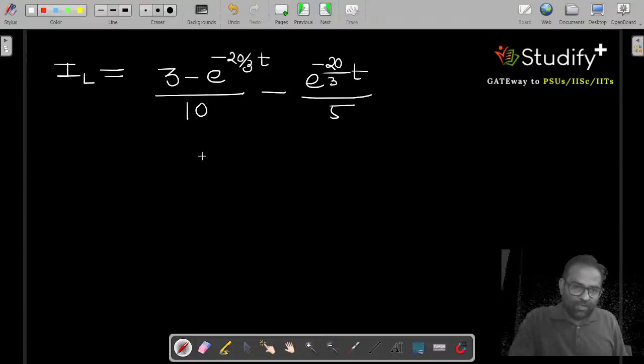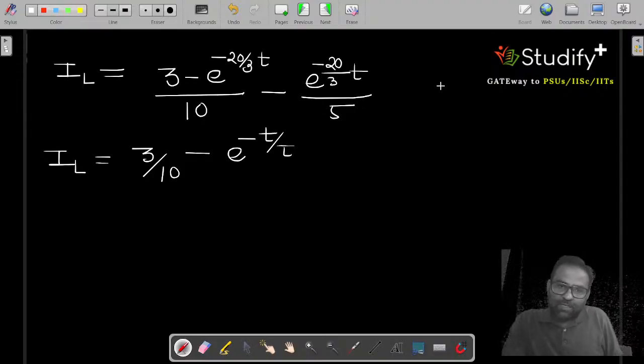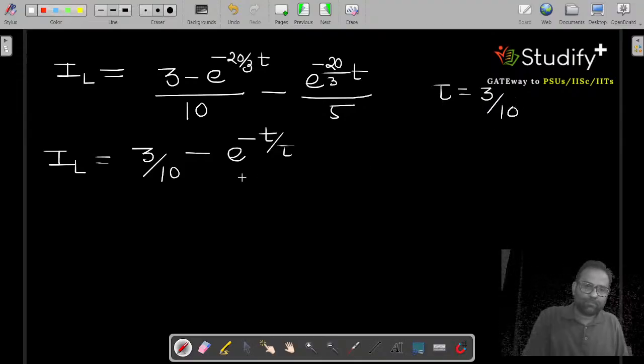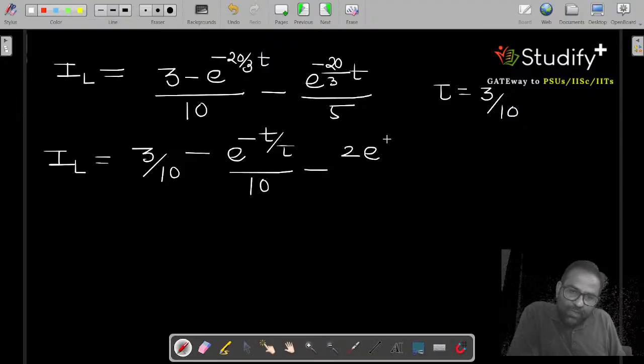So you can say IL is equivalent to 3 by 10 minus e to the power minus t by tau, where tau is given by 3 by 20. 3 by 10 minus it is 1 by 5, so I am multiplying it by 2 and dividing it by 2, so e to the power minus t by tau divided by 10.